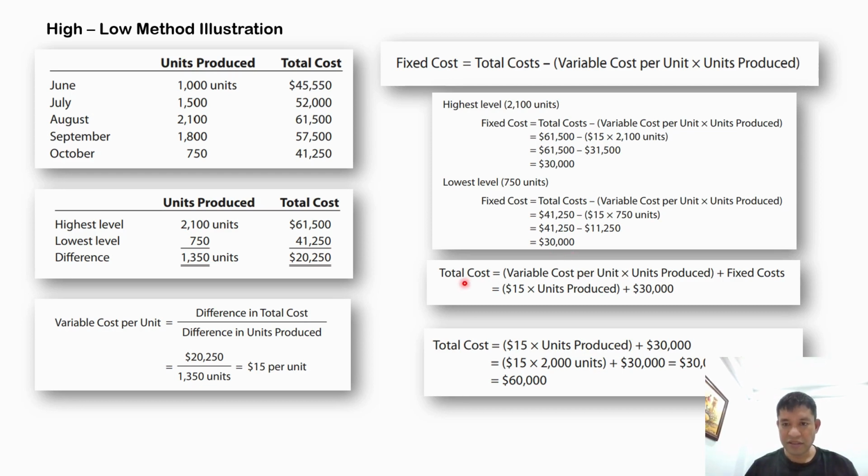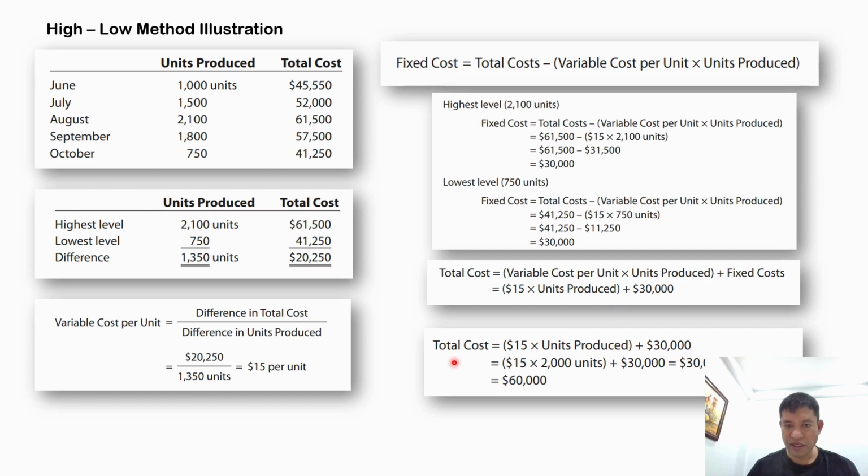So the total cost will be the variable cost per unit times units produced plus fixed costs. So the variable cost per unit is $15 times the units produced plus $30,000. To illustrate, the estimated total cost of 2,000 units of production is $60,000.